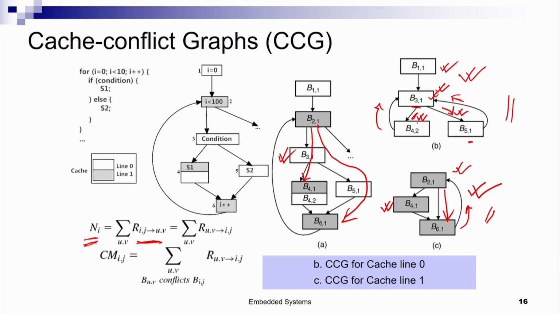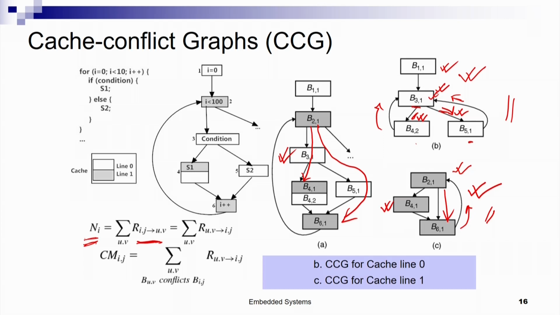One is to memory block 4.2, and the other is to memory block 5.1. The summation of the number of times these two edges are taken is equal to the number of times this basic block is executed. So, R31 to R42 and R31 to R51 are the two outgoing edges in this cache conflict graph. If you take the summation of this, you will get the number of times this basic block executes.